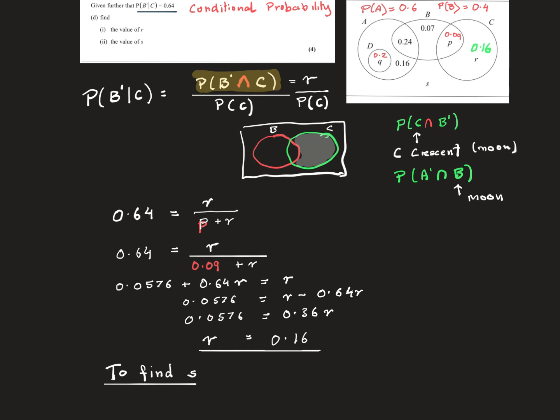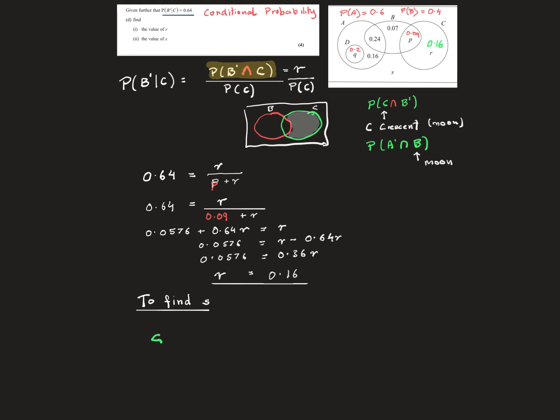So now that we know that R is 0.16, to find S, we need to add all of these events together and take them away from 1 because the universal set is equal to 1.